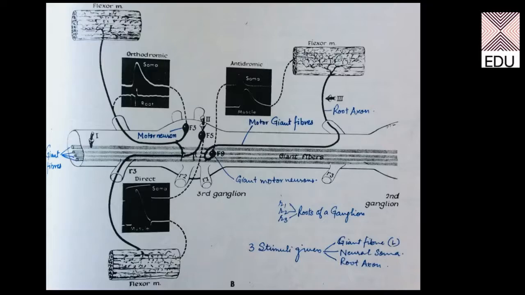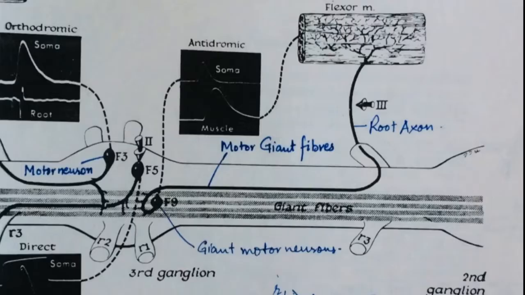Now what are the responses in this particular case? The first response is the antidromic shift in the case of the soma of the F9. So here is a low voltage which has been developed in the soma of F9, and the muscle is also activated through the stimulus.